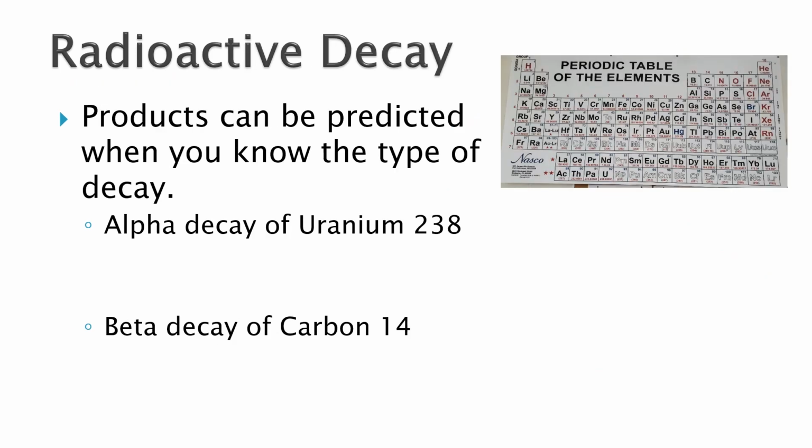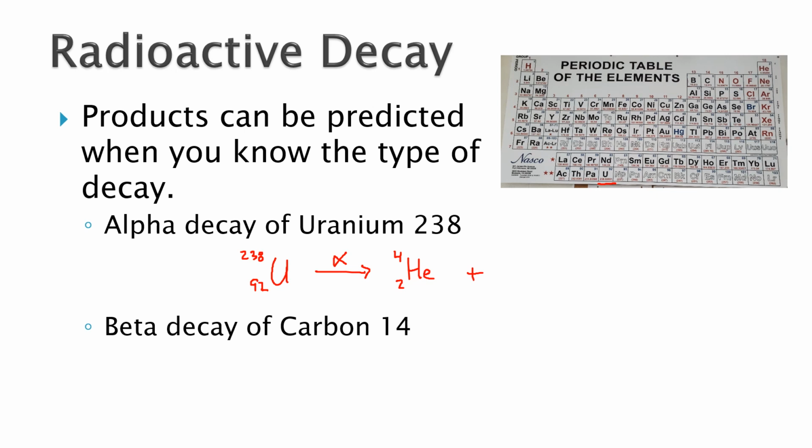Okay, so let's try a few nuclear decay reactions here. We'll start with uranium 238, and you can see uranium on the periodic table here is number 92. And we're going to have uranium undergo alpha decay. Alpha decay is a helium nucleus, and helium is element number 2, and it has 4 total particles in its nucleus.